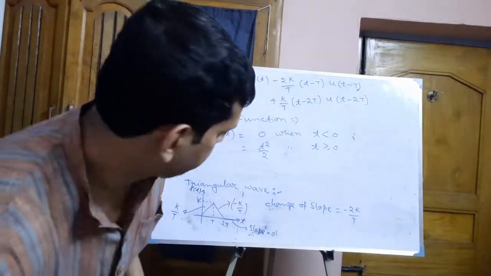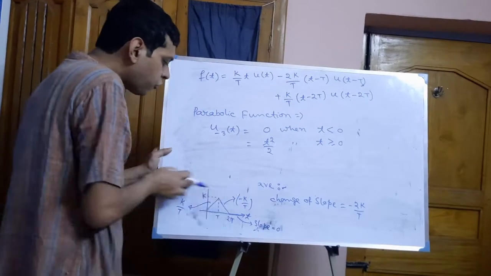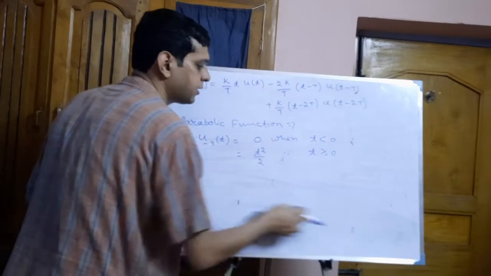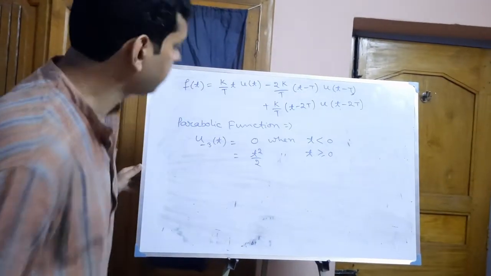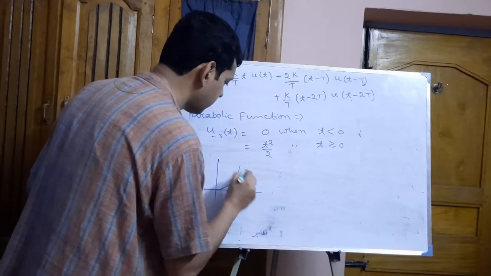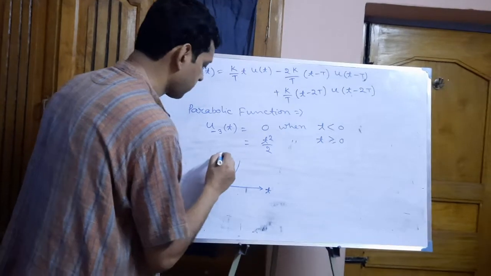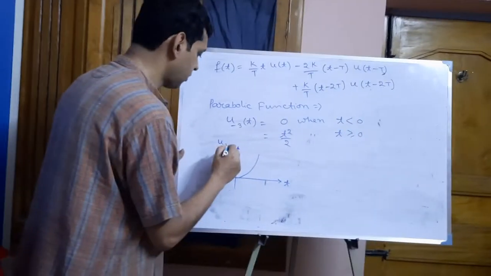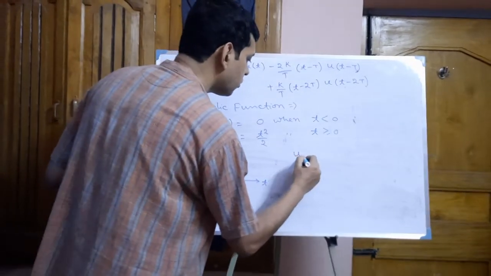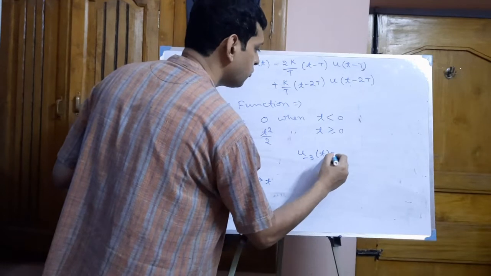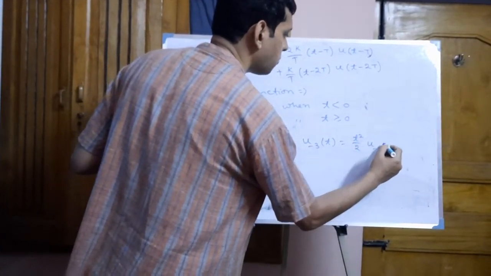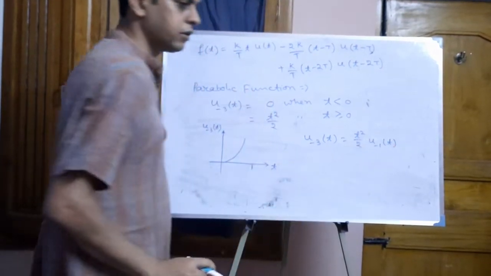Okay, now the waveform of a parabolic function can be expressed as this one. So we can write u minus 3 (t) equal to what? t square by 2 u(t).